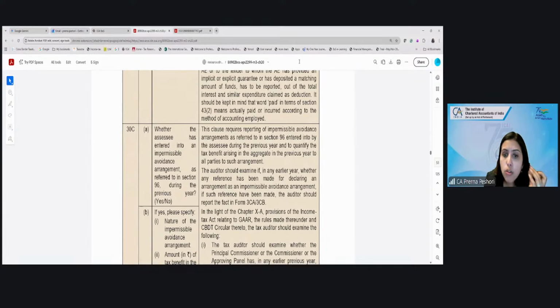If it comes to the notice of the tax auditor that some proceedings have been initiated under GAAR by the commissioner in any earlier previous year, and they have already declared an arrangement as an impermissible avoidance arrangement, then in this year he can further examine the transaction, that is a different story.